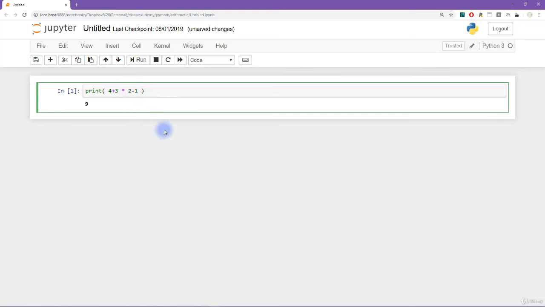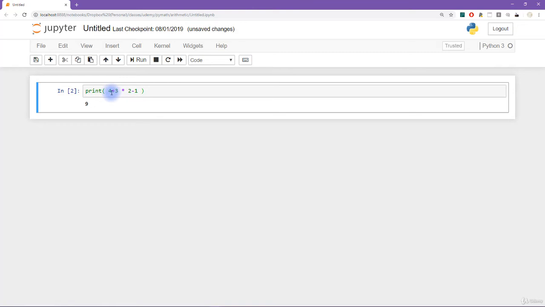2 minus 1. So now when you as a human look at this line of code, what your brain is doing is grouping together the 4 plus 3 and grouping together the 2 minus 1. And those are separated by multiplication. So in your mind, you might be thinking that this should now be 7 times 1. However, when we run this code again, we still get 9.